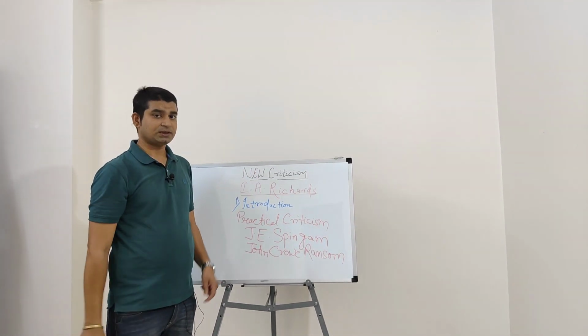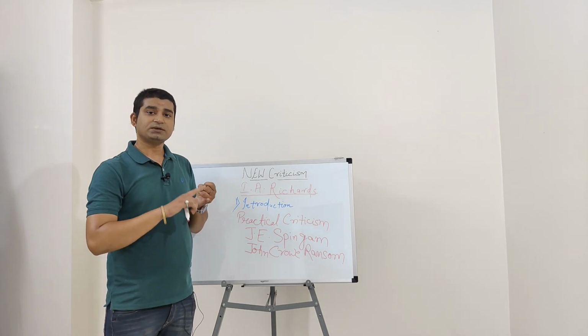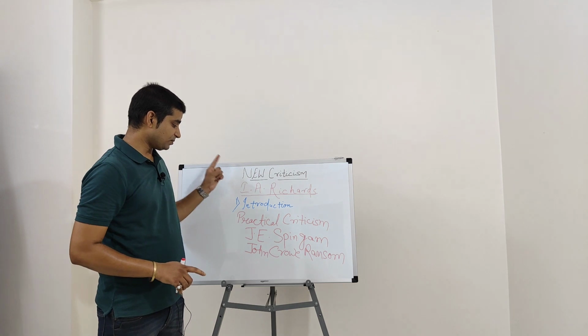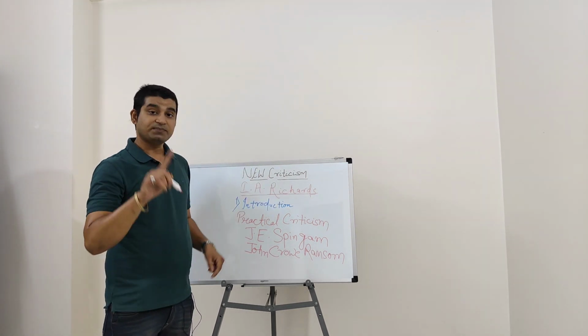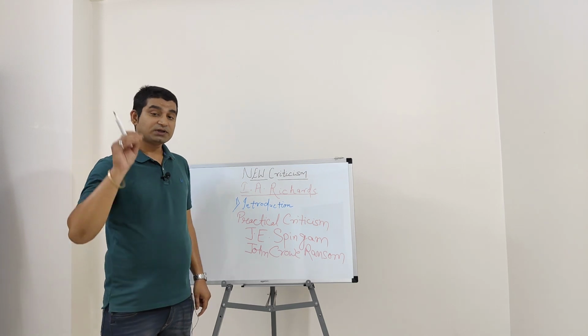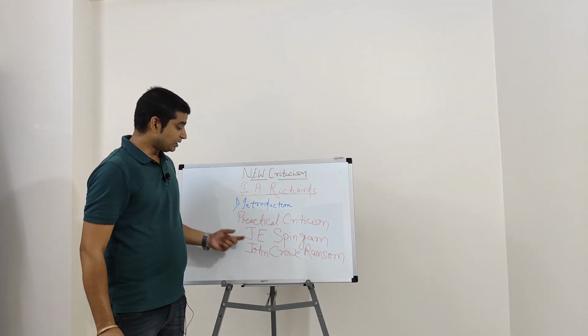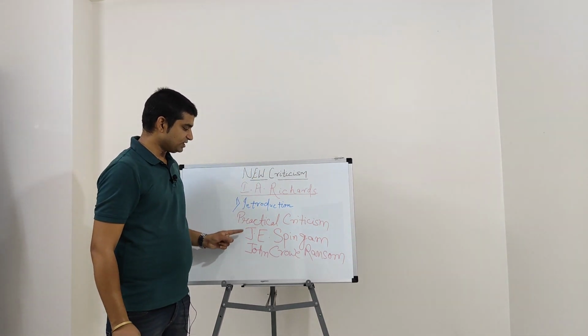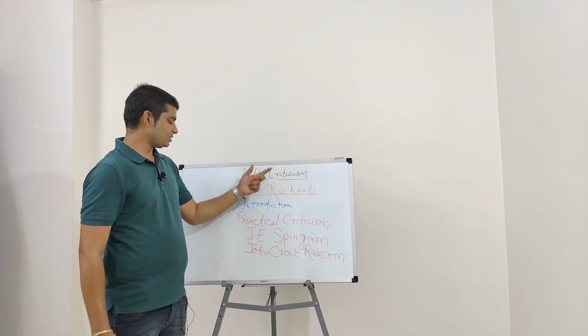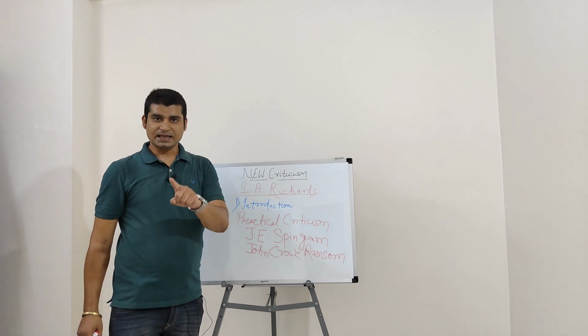So 3 things are there. First, who gave the concept of New Criticism? The concept was given by I.A. Richards, but with the name of practical criticism. Second, who for the first time used the term New Criticism? It was J.E. Spingarn. And third, who popularized the term New Criticism? It was John Crowe Ransom.